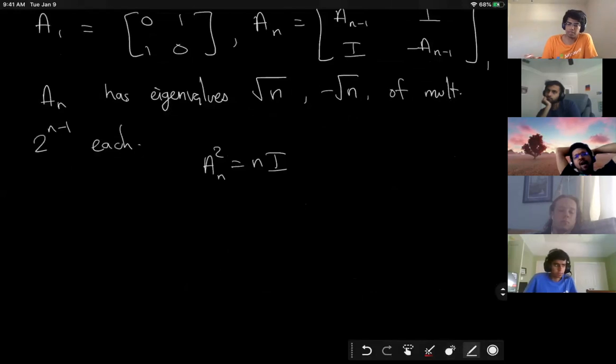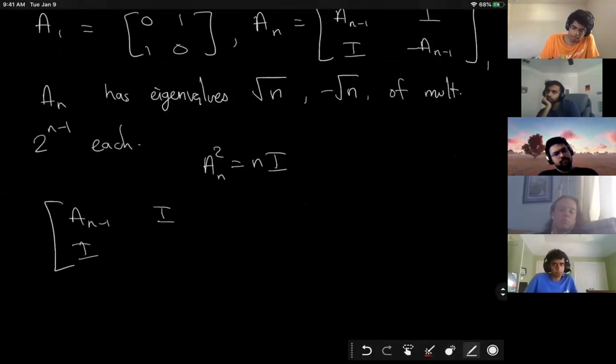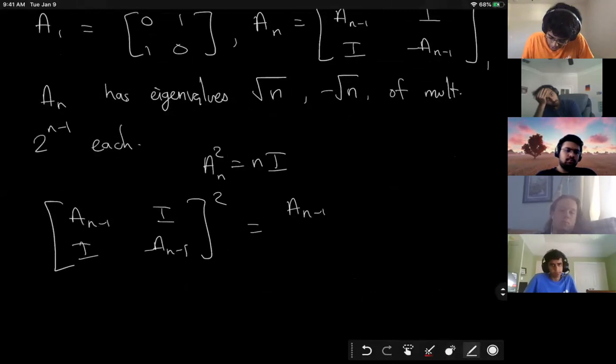You can multiply matrices in blocks, that is the key here. If you take the block matrix An minus 1, I, I, negative An minus 1 and square it, the first entry is An minus 1 squared plus I. This entry becomes 0, which is what we want. This one is also 0.